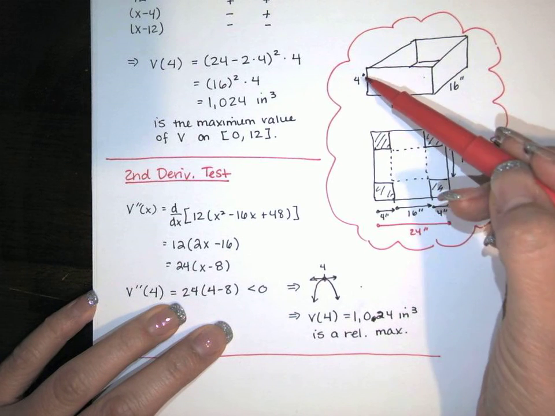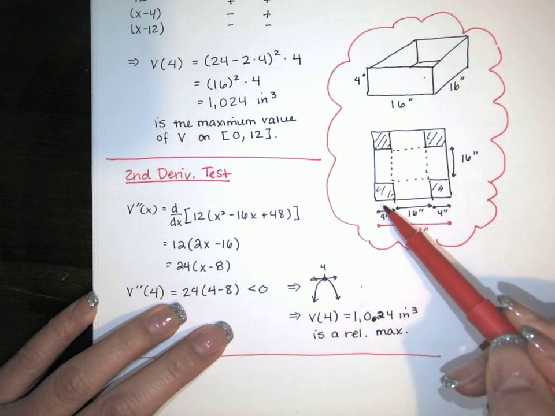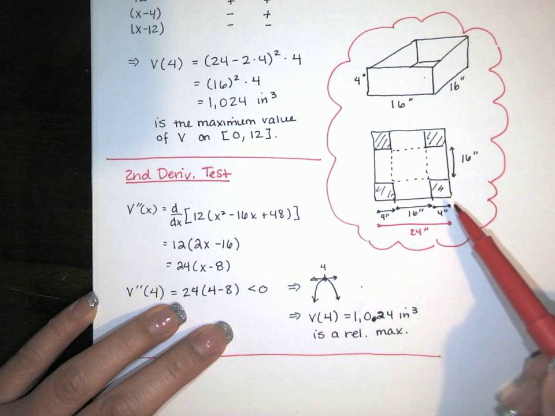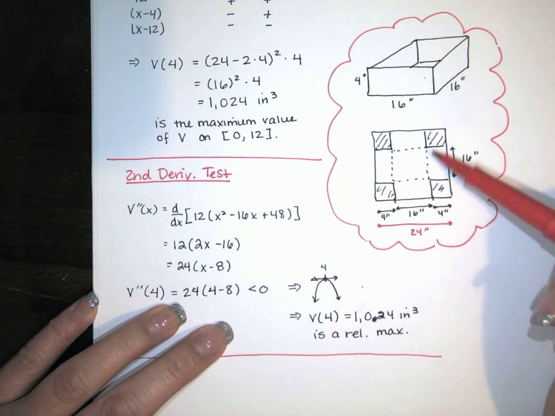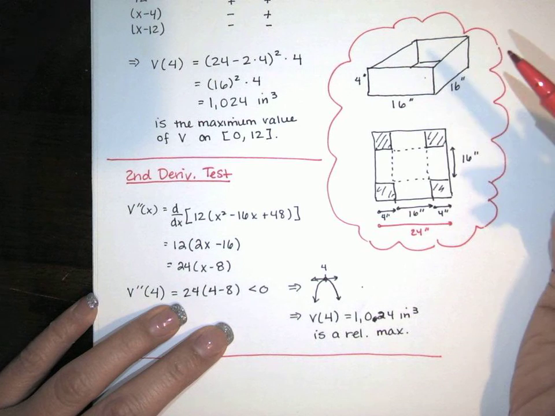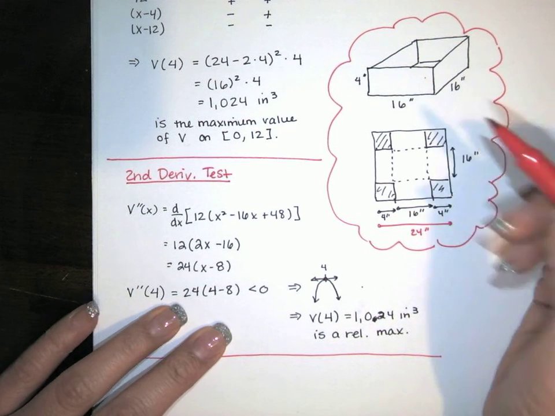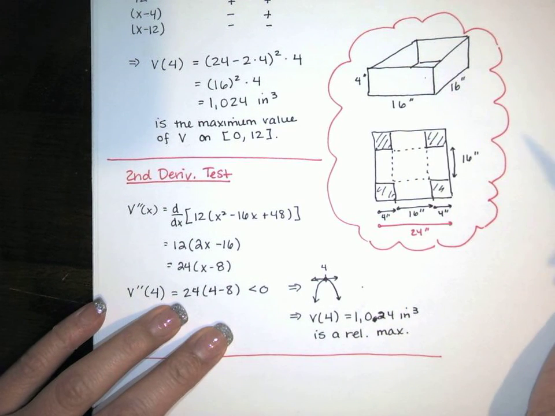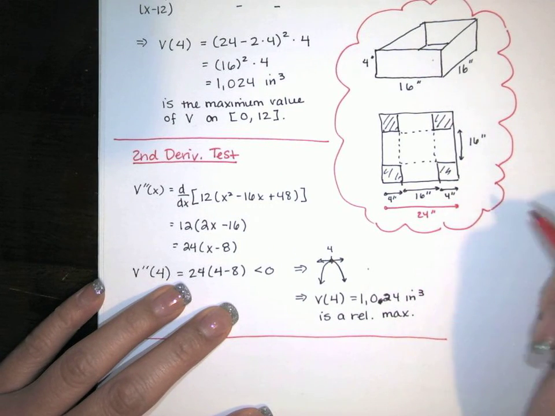When x equals 4, we take out 4 and 4 from this 24-inch side. This side length is 16. And that means this side length is 16. So we've got a 16 by 16 by 4 inch open box. Those are the dimensions. That is the answer to the question that they asked. So make sure you answer the question that they asked. That's the last step.